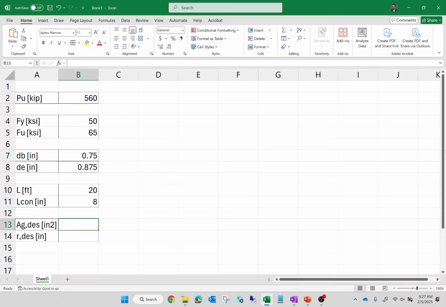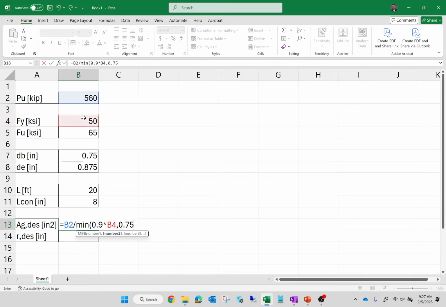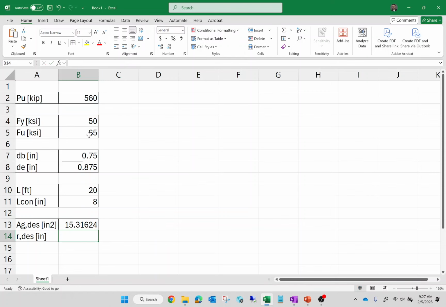All right, so how did we do this? We said equals that divided by the minimum of that, or, so don't forget, parentheses, the extra parentheses aren't necessary, but just being careful.